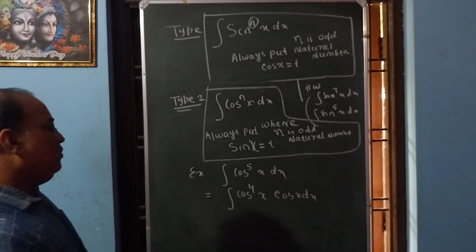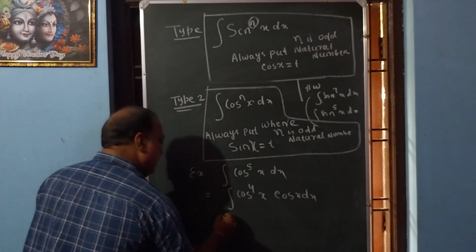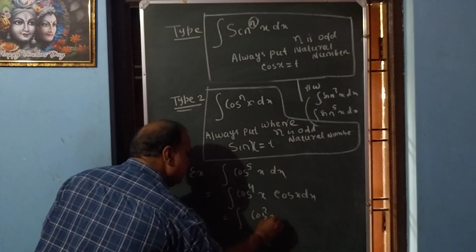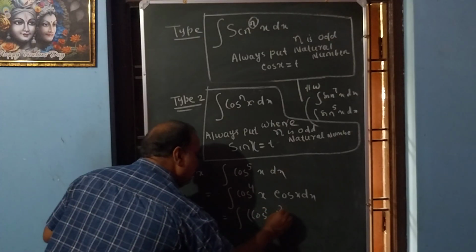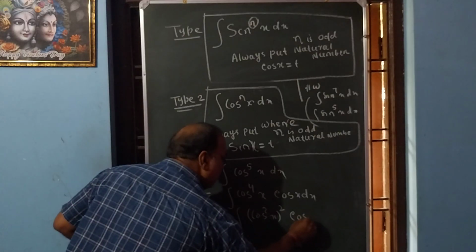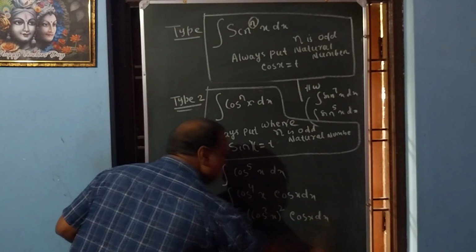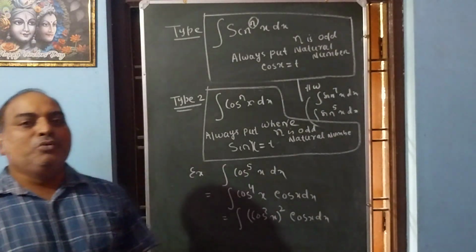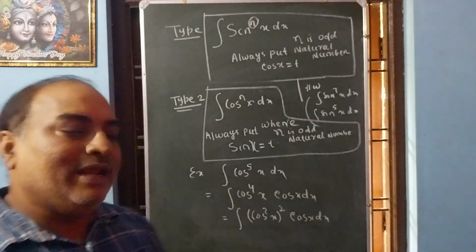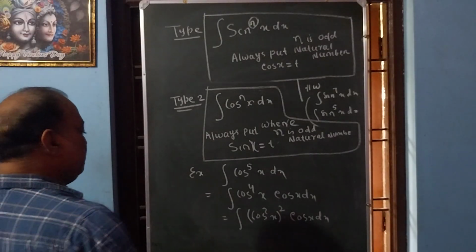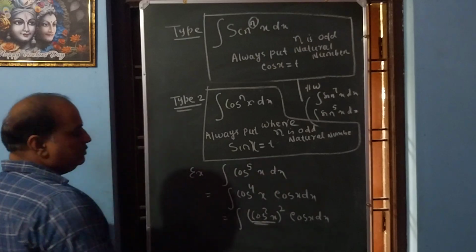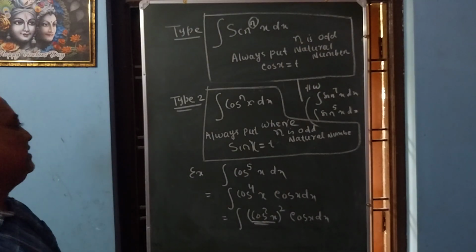Okay, so now we take cos^2 x whole squared into cos x dx. So we know that cos^2 x is equal to 1 minus sin^2 x. So in place of cos^2 x, you have to write 1 minus sin^2 x.